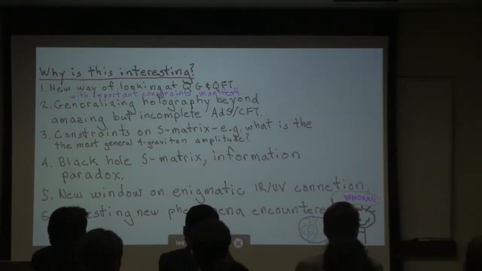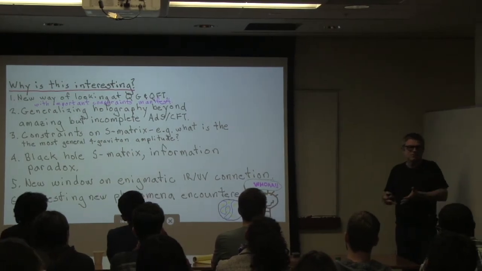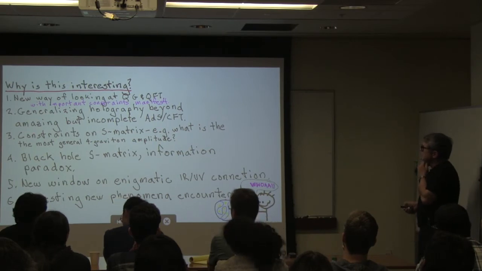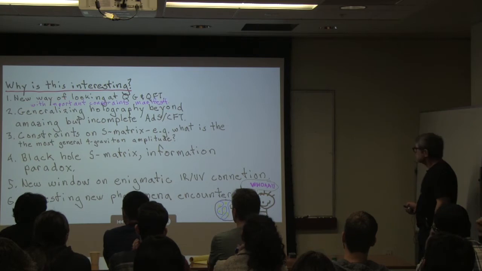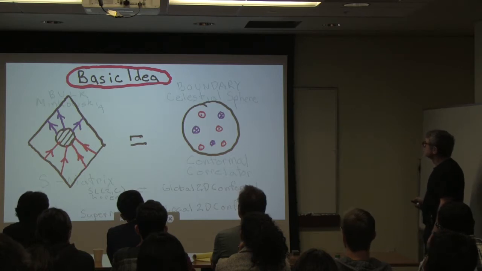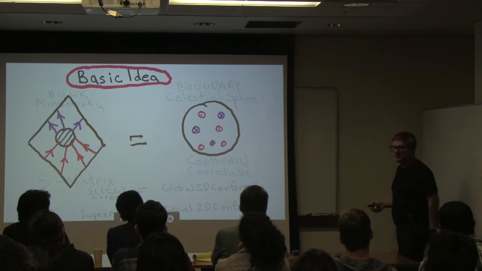We don't know which features of ADS-CFT are going to carry on to our more general conception of holography and which aren't. And so what is being proposed here can be thought of as a kind of holography. That is, we have a bulk space-time with gravity, which is equivalent to a Euclidean celestial conformal field theory without gravity on a sphere.